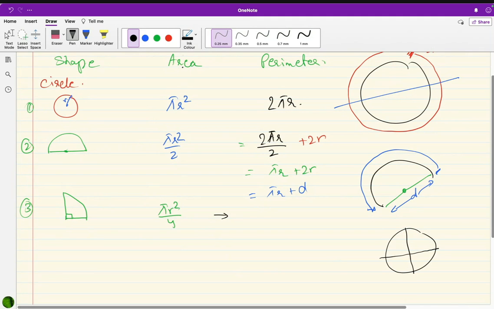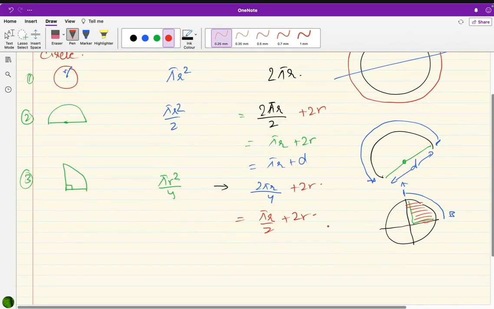And when we talk about the perimeter, again it starts at A, moves round till B. This is 1/4 of the complete, so 2 pi r divided by 4. But we do have two radiuses, 1 and 2, for the perimeter of this shaded quadrant. Does it make sense? Yes. So pi r by 2 plus 2r, in simplified form.